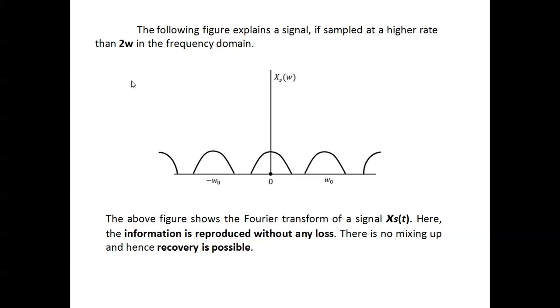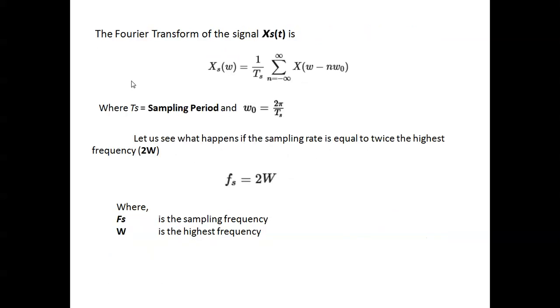We can easily get it at the receiver. The main concept is that the sampling rate should be twice the highest frequency. Then we get the signal like that.